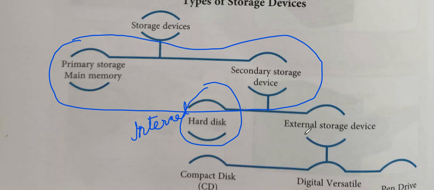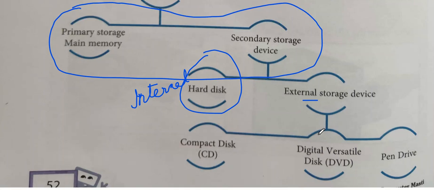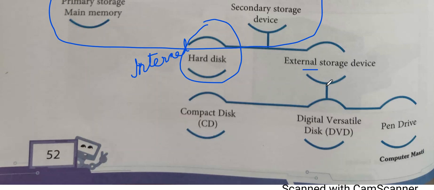And next is the external storage device. Here we have three types. External means not inside the computer; we use it externally so that we can store the information from or to the computer. And the examples are CD, DVD and pen drive.